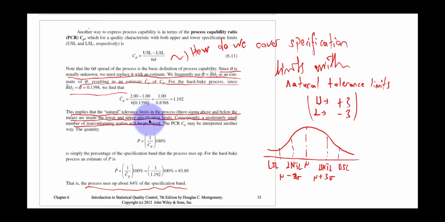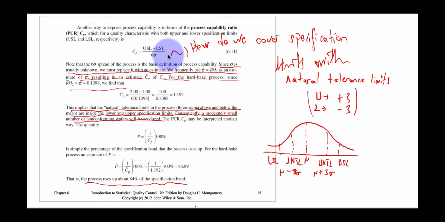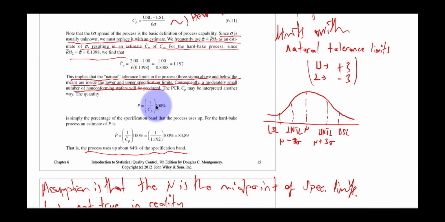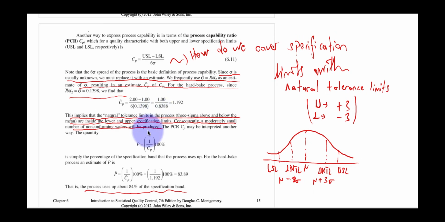For the process quality ratio, we also used the estimation of standard deviation. You see here, there is another formulation, and this gives the percentage of the specification band that the process uses up.